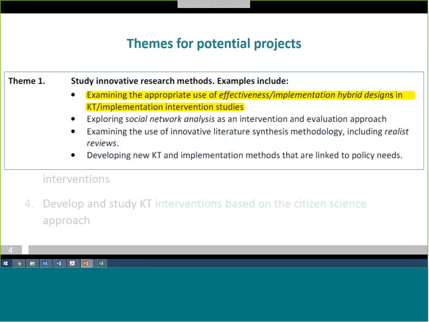One of the study designs that was discussed quite a bit in our stakeholder consultations was the effectiveness and implementation hybrid designs, especially in the context of knowledge translation and implementation research.